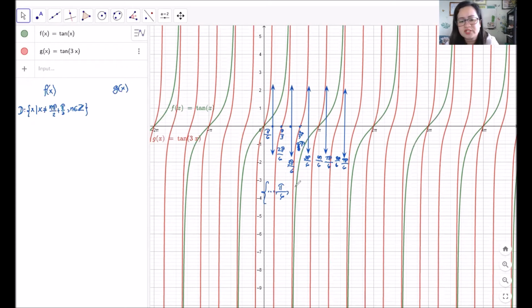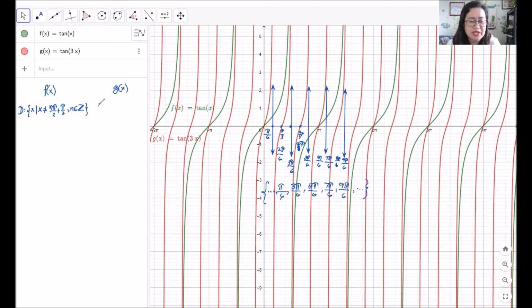So pi over 6, then 3 pi over 6, then 5 pi over 6, then 7 pi over 6, then 9 pi over 6, and so on and so forth. As you can see, there is a pattern. It's an odd multiple of pi over 6.